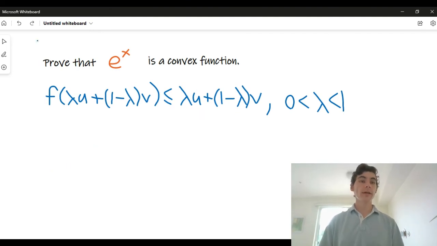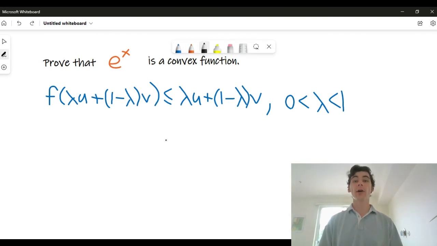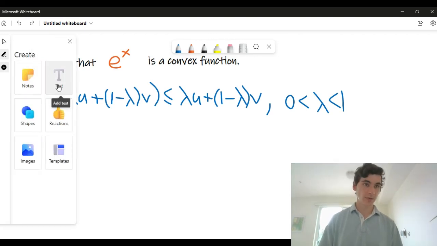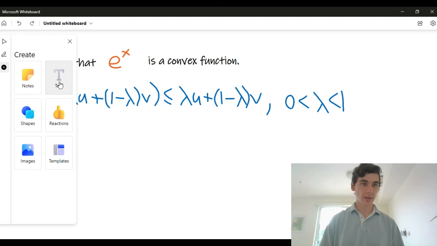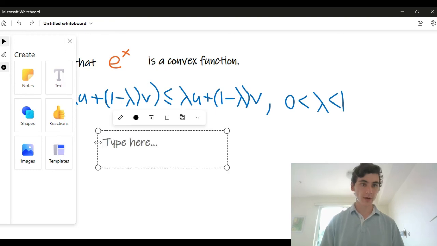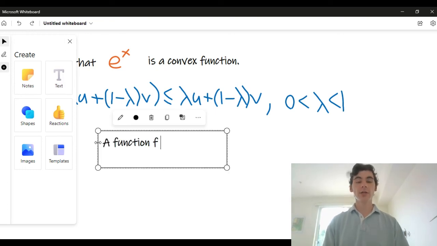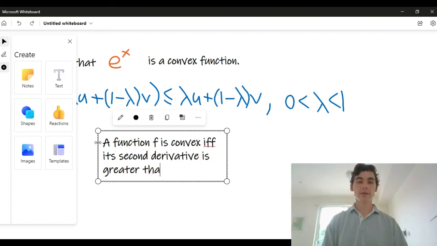So what we're going to do in this case is use an equivalent property of convex functions. I'm going to claim that a function f is convex if and only if its second derivative is greater than or equal to 0.